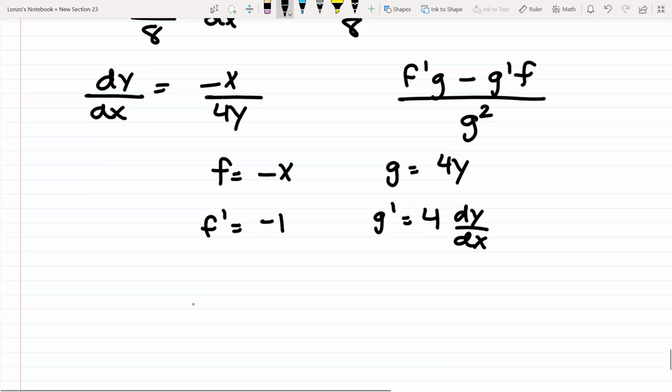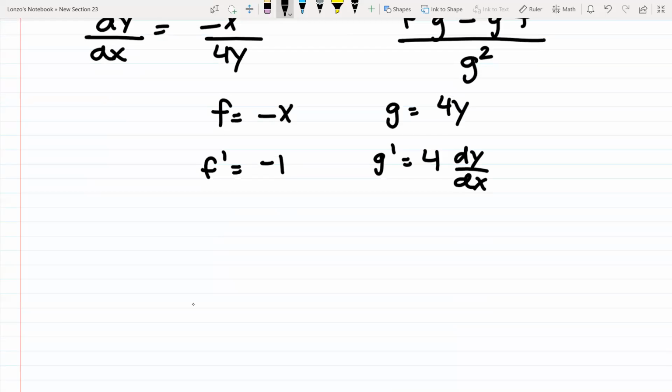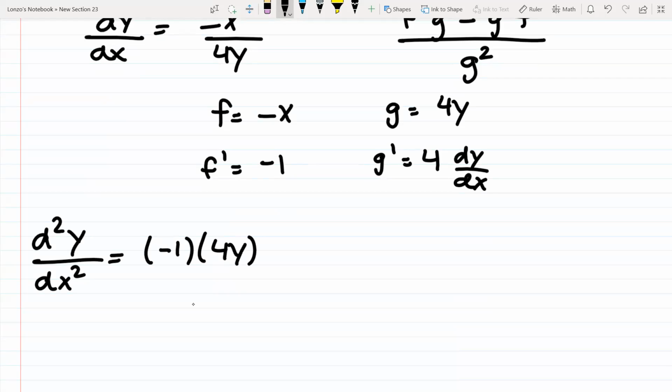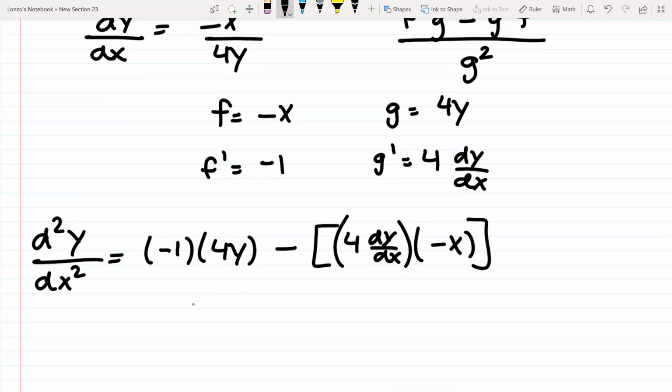And just apply it. So the second derivative d squared y over dx squared equals, applying the quotient rule, negative 1 times 4y minus bracket 4 dy dx times negative x bracket, over g squared, so that would be 4y squared.